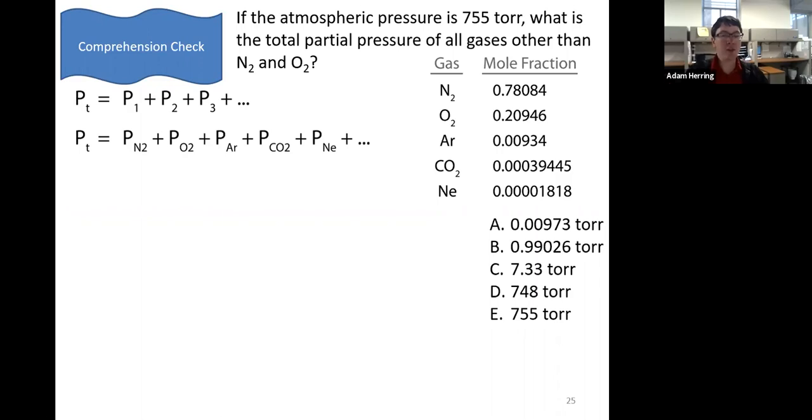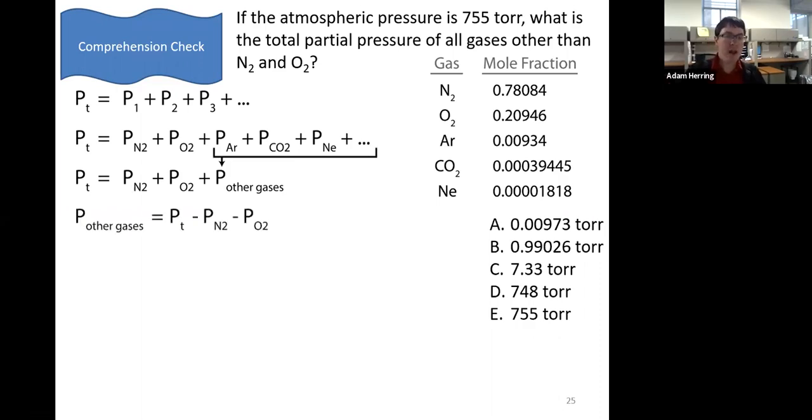So we can substitute in for each of these different gases. Let's say, since we're looking for the total partial pressure of all of the other gases, we can clump them together. And so to solve for the partial pressure of those gases, we would rearrange and subtract the partial pressure of nitrogen and oxygen from the total pressure.